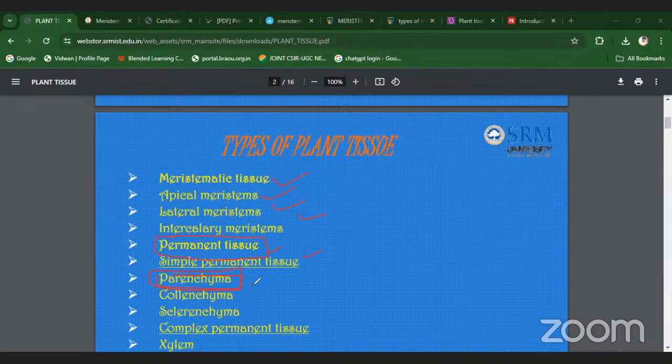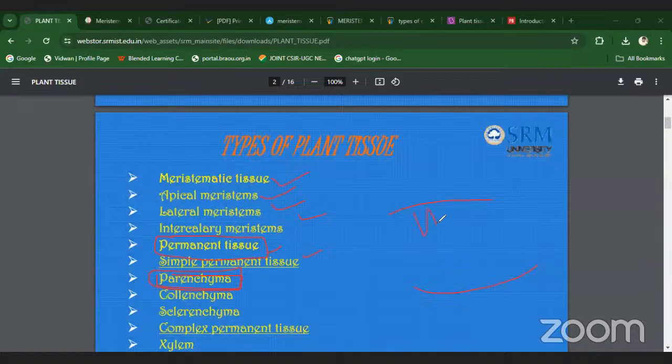For example, in the leaf, chlorenchyma cells are present. If you take the leaf's internal structure: upper epidermis and lower epidermis, and in between, palisade and spongy tissue, the mesophyll cells.